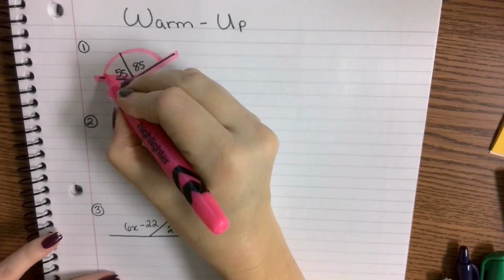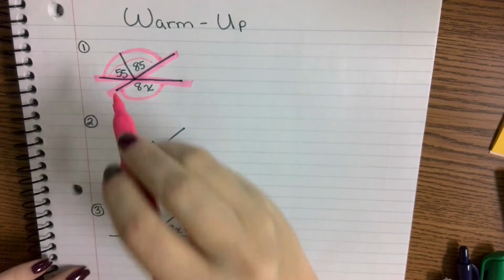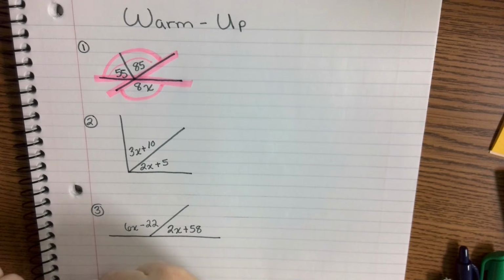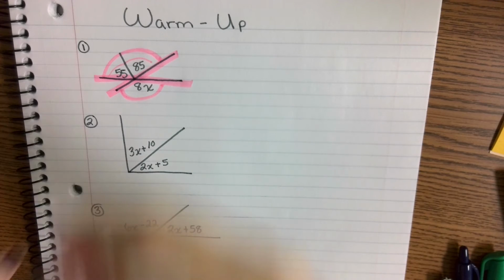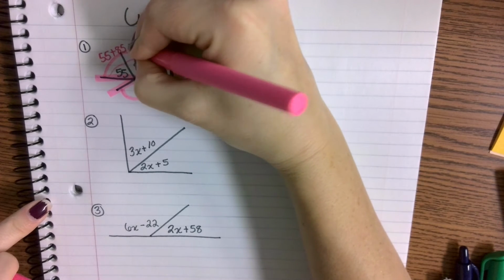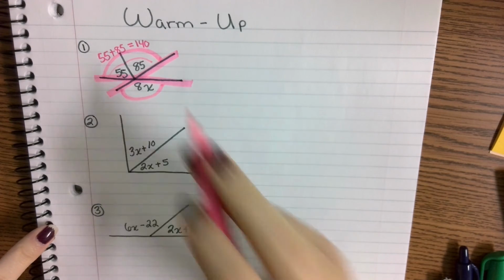The combination of 55 and 85 together will form the large vertical angle to 8x. So 55 and 85 combined together is going to give you 140. So that means this entire angle is 140.